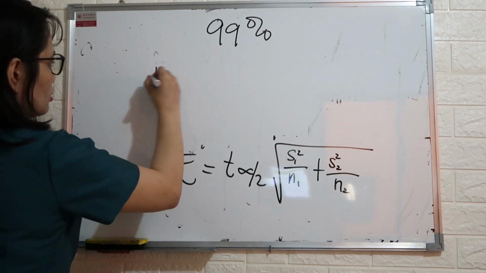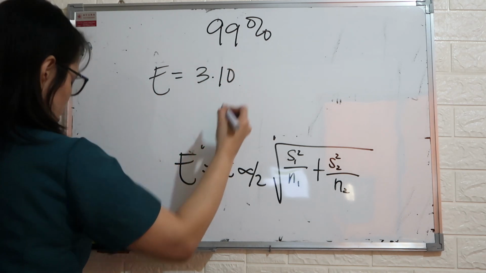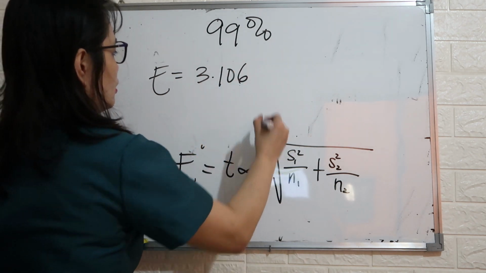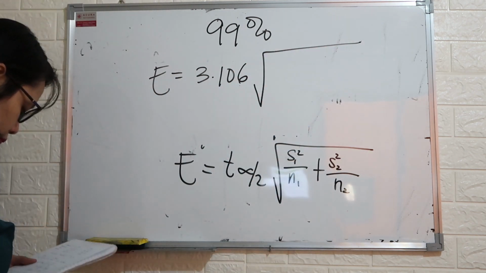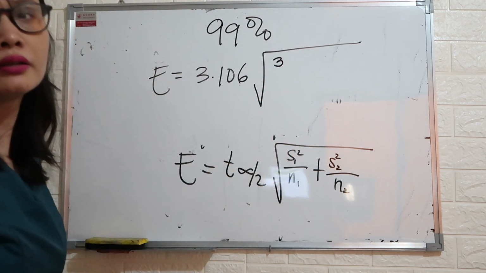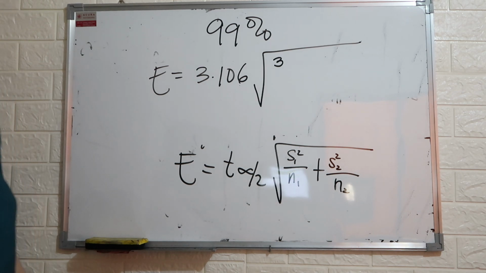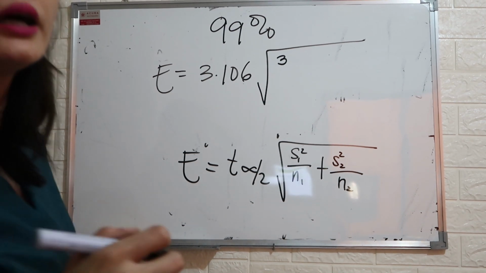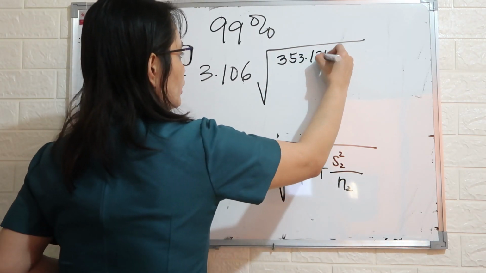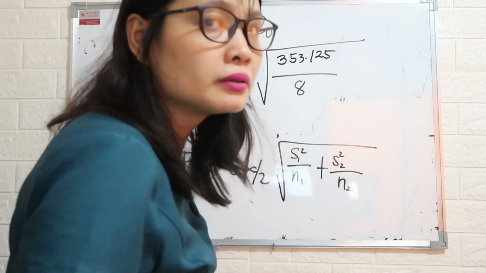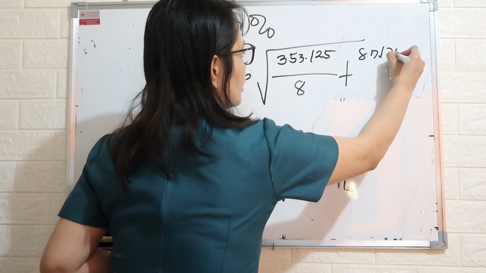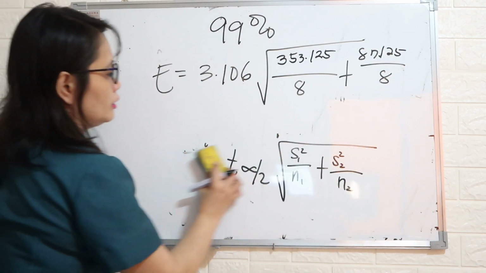So margin of error is equal to 3.106 multiplied by the square root of 353.125 divided by 8 plus 87.125 divided by 8.